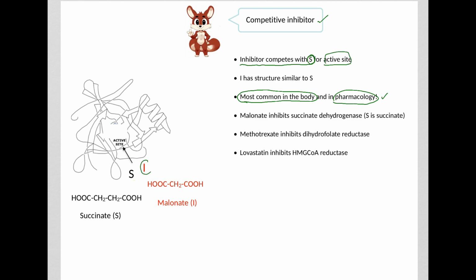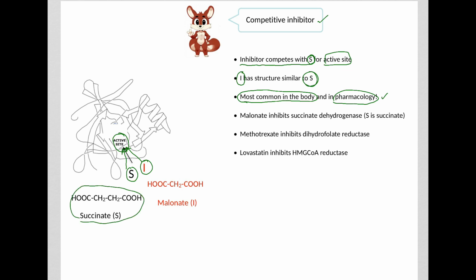So the inhibitor and the substrate are both competing to bind at the same site, that is the active site of the enzyme. So it's not surprising that the inhibitor has a chemical structure very similar to the substrate. So here's an example.